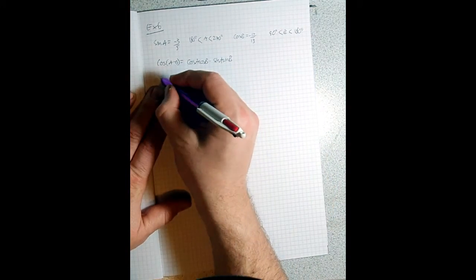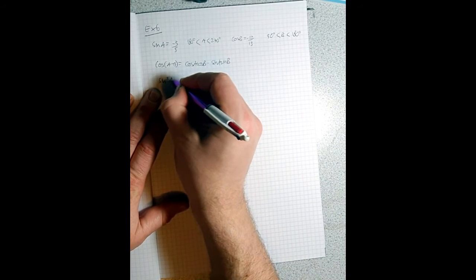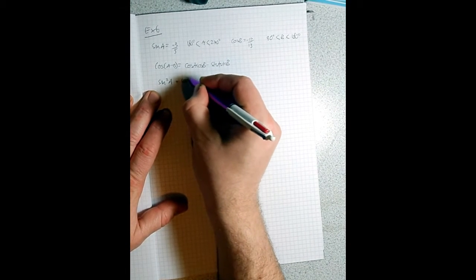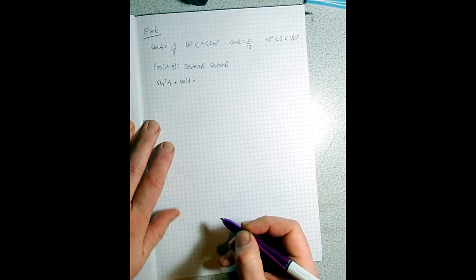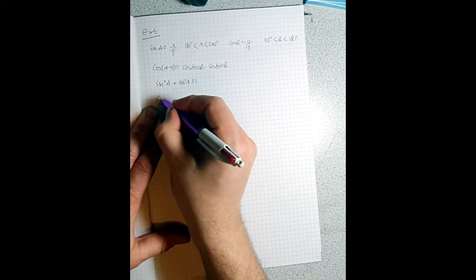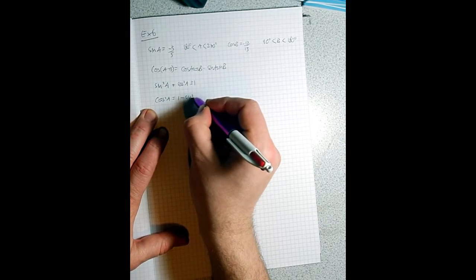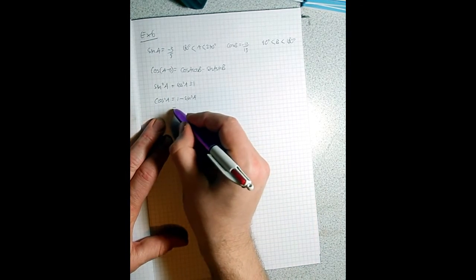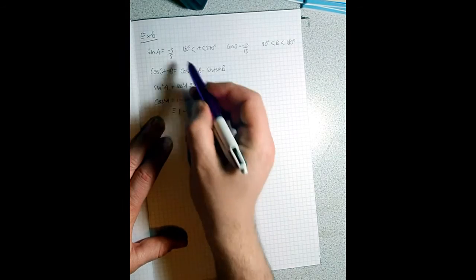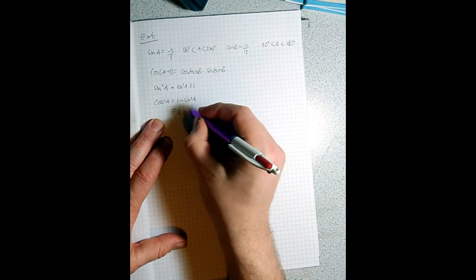And we do this using the identity that we know, sine squared A plus cos squared A is 1. So cos squared A is going to be 1 minus sine squared A. Well, that's 1 minus the square of 3/5, 9/25.